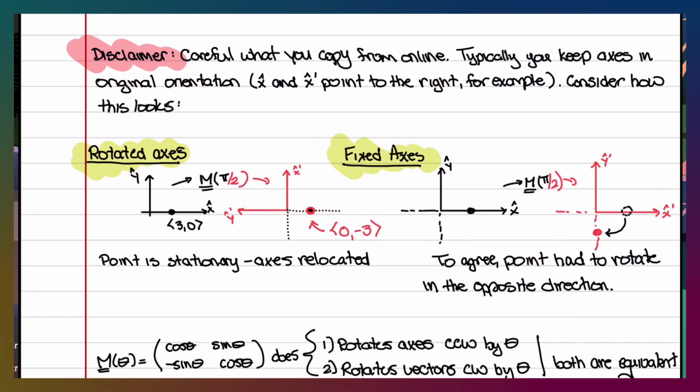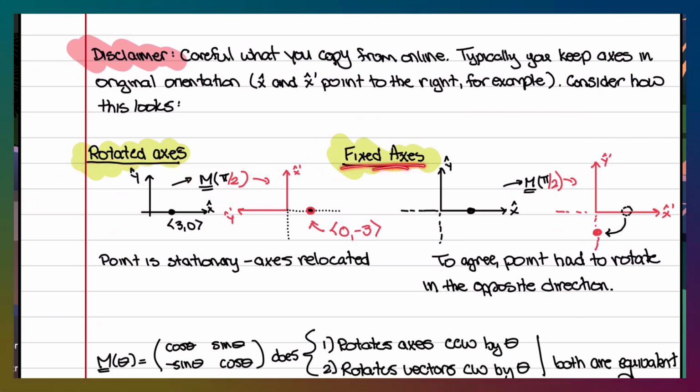Here, if we want it to be equivalent, since we're not moving the axes, if we're using the same matrix, that matrix was saying take the coordinate axes and rotate them counterclockwise. But if I don't want to actually redraw them, I can get the same result if I just take the point and rotate it clockwise by 90 degrees. So if you think of it in terms of rotating the axes, then this matrix rotates the axes counterclockwise.